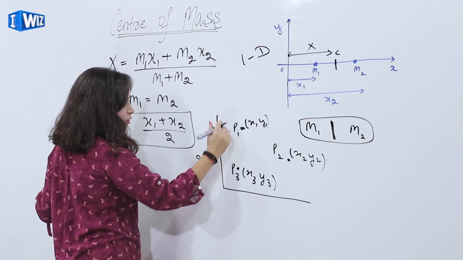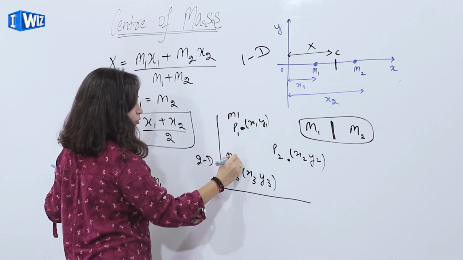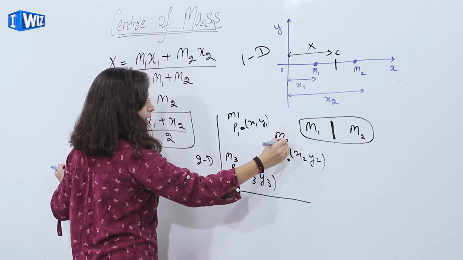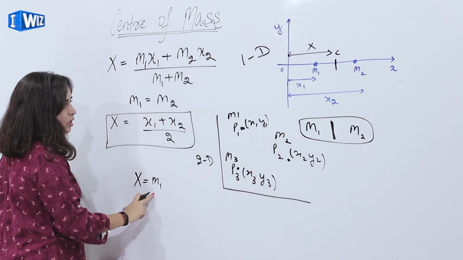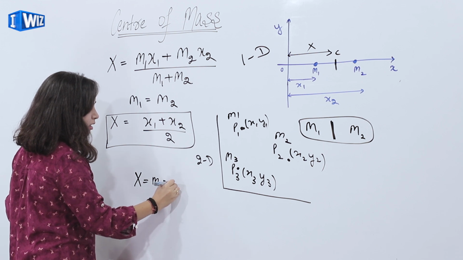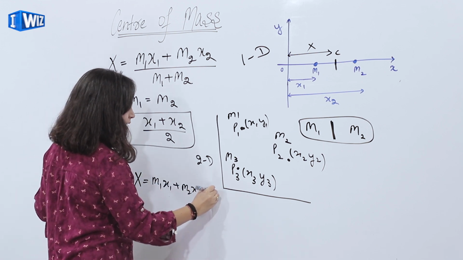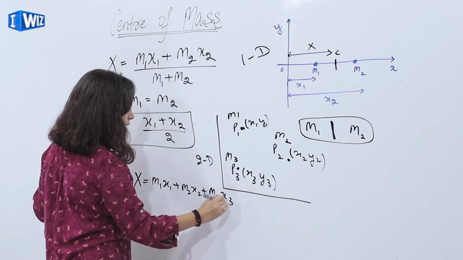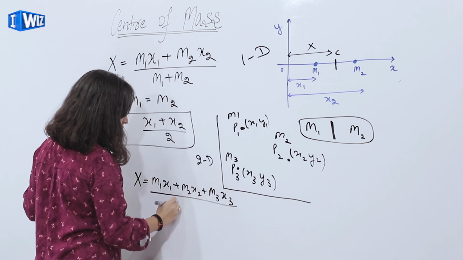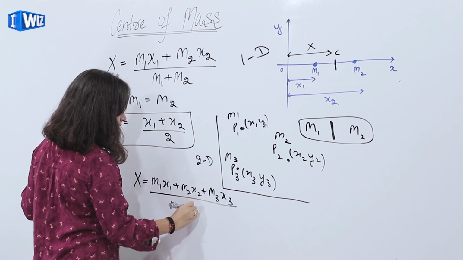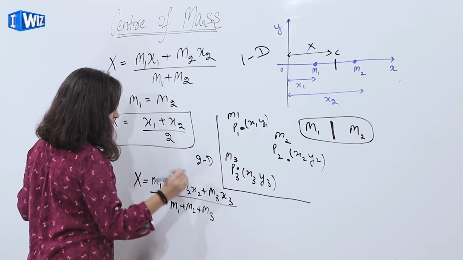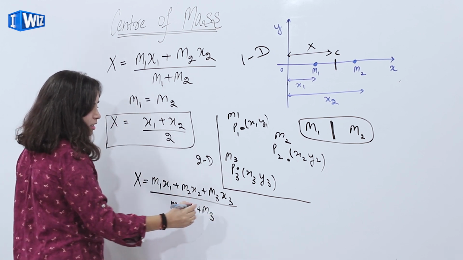m1 is the mass of P1, m3 is the mass of P3 and m2 is the mass of P2. So x equals m1 x1 plus m2 x2 plus m3 x3 upon m1 plus m2 plus m3. This was for x.